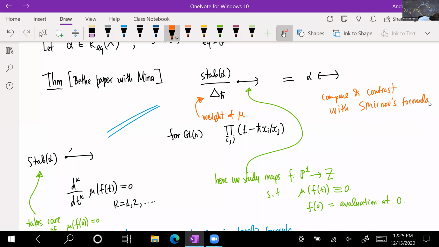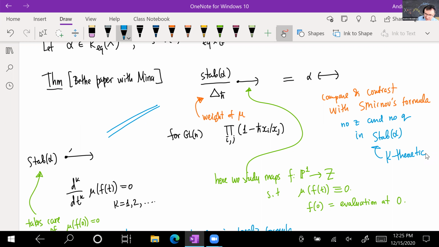So now on the contrast side, there's no z and no q in stop alpha, because right now this is K-theoretic. In this discussion, this is a K-theoretic stable envelope, has no z and has no q, because q has been set to 0 and z has been killed also.